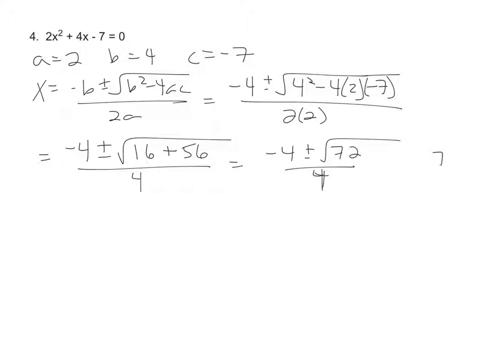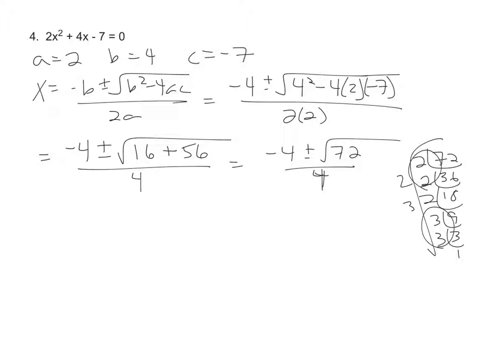So off to the side here, I'm going to go 72, 2 goes into there, 36, and come up with my prime factorization and see if I can take anything out. So I can take out a 2 and I can take out a 3. So I end up with negative 4 plus or minus 6 square root of 2 all over 4.